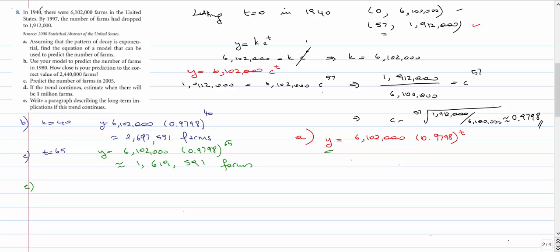So I'm going to say here 1 million is equal to 6,000,000 times 0.9798 to the power t.